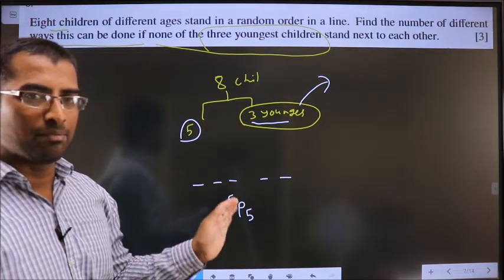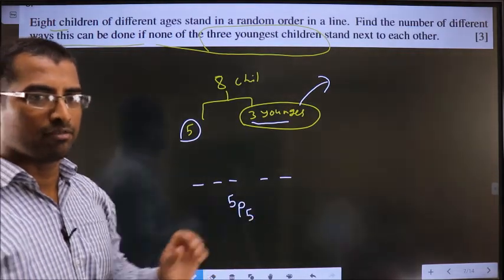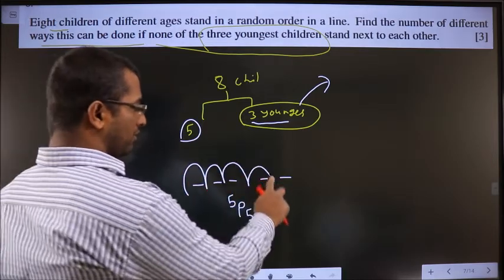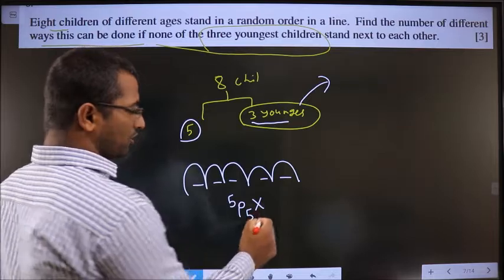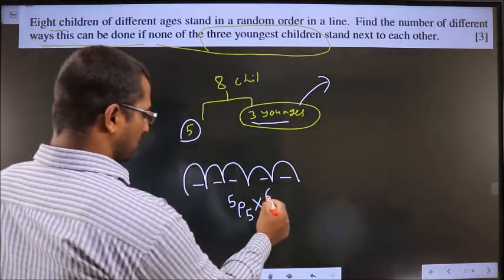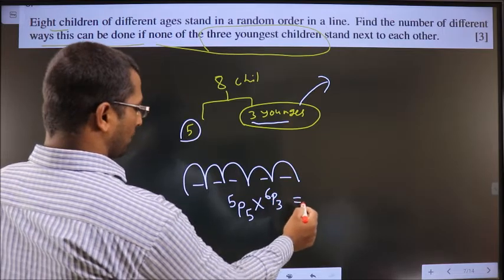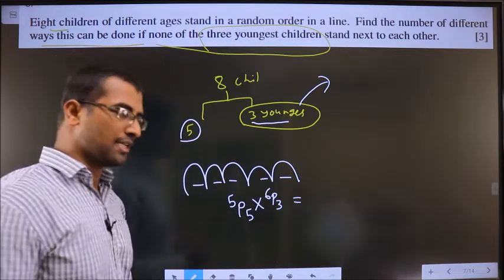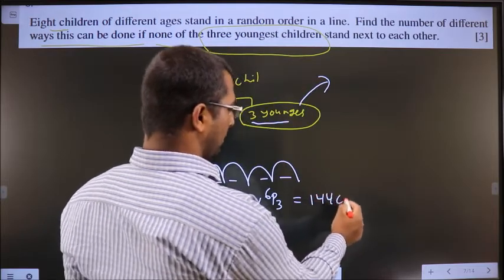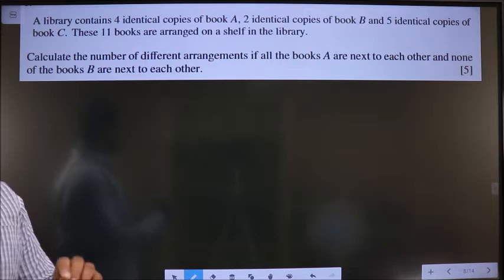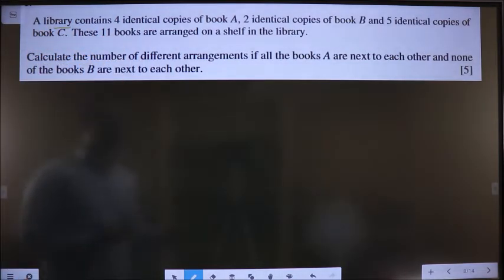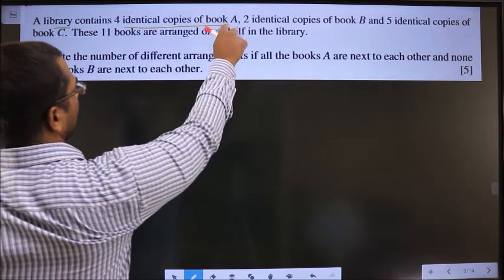So now count in between how many places you have. 1, 2, 3, 4, 5, 6. So in between I have 6 places for these 3 youngest. So 6P3. Put this in the calculator, you get the answer to be 14400.